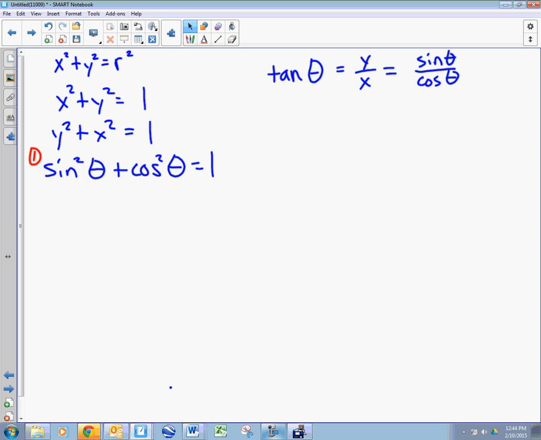See how we're generating formulas here using what we know about x and y? Got another one for you. Do you remember the relationship between tangent and cotangent? Reciprocals. So this was x over y, or cosine of theta over sine of theta. Good.